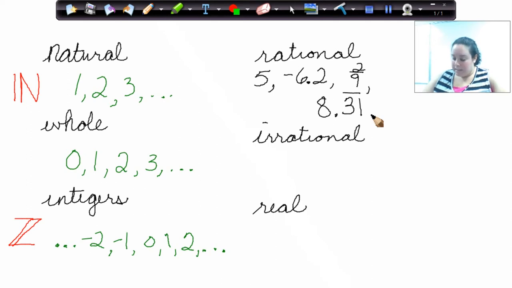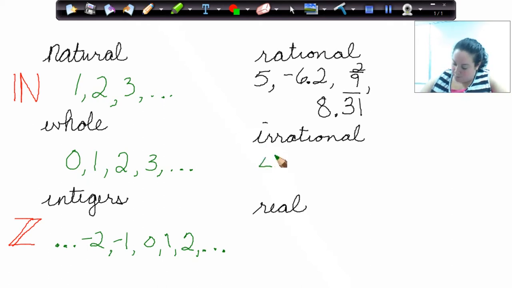So then, what's irrational? Irrational are all the numbers on the number line that cannot be written as a fraction. So these are decimals that do not ever end and that do not ever repeat. So non-repeating, non-terminating decimals are irrational. They can't be written as a fraction.